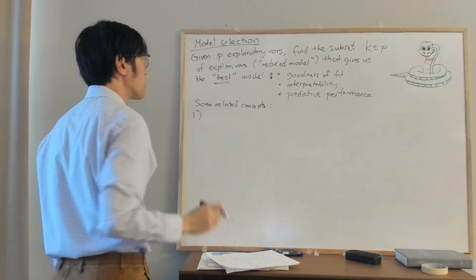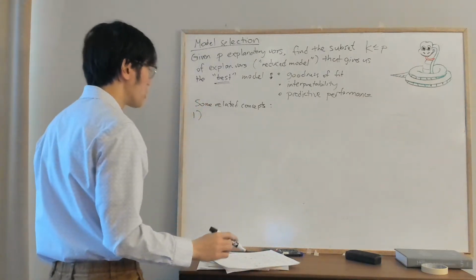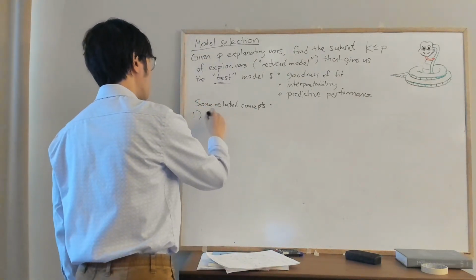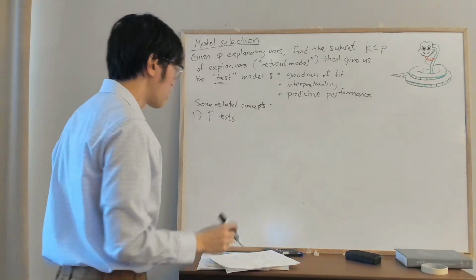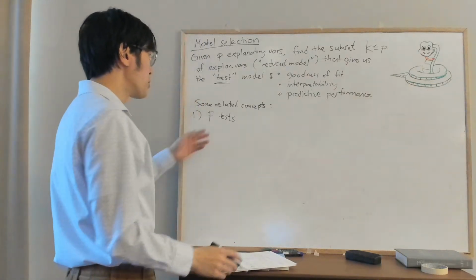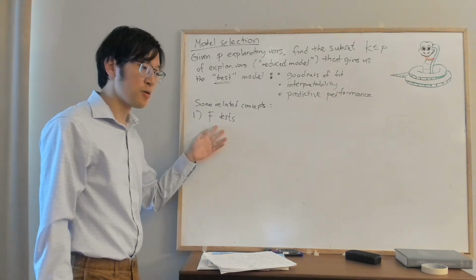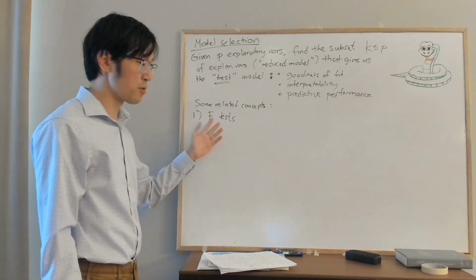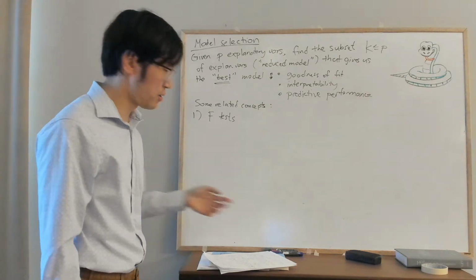The first one that is related to this problem is F-tests. I want to explain how that's related. What did F-tests do? Well, we used the change in the sum of squares when we have two models. The cases we looked at were where one is indeed a subset of the other.